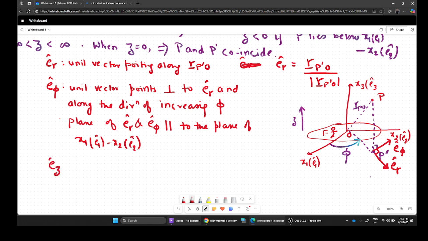The third unit vector of our new coordinate system is nothing but E3 itself, where E3 is the third unit vector of the frame-fixed Cartesian coordinate system in the background. e_Z is identical to E3.